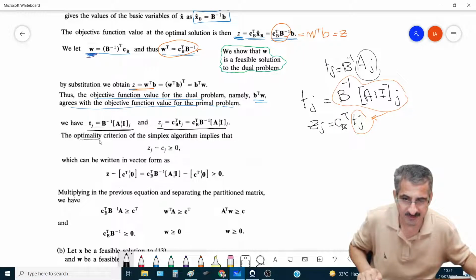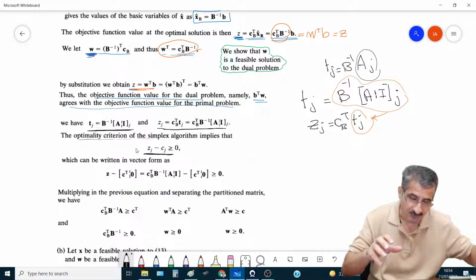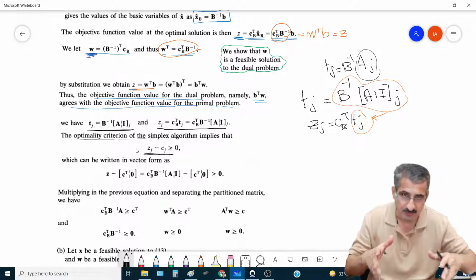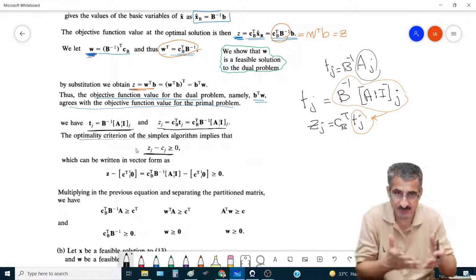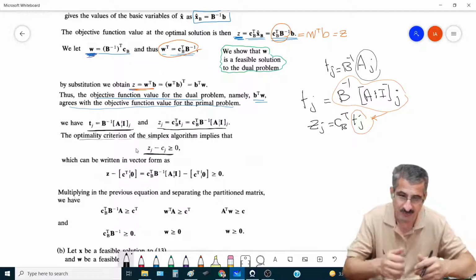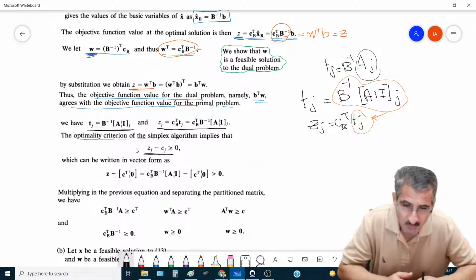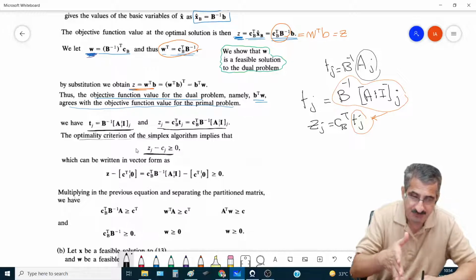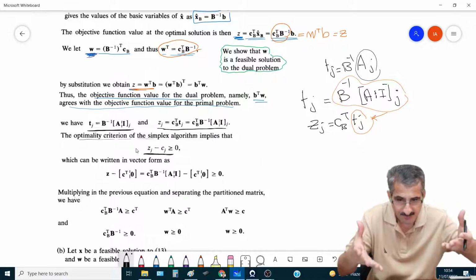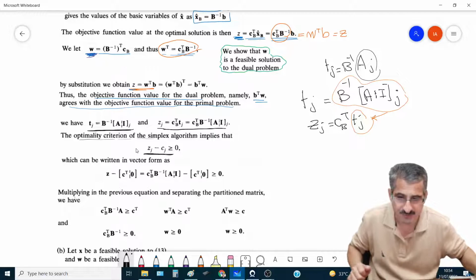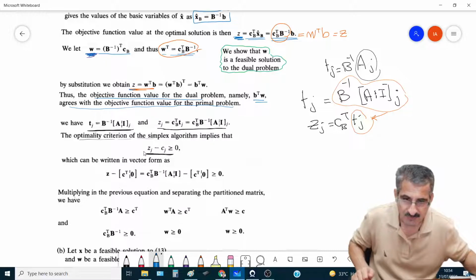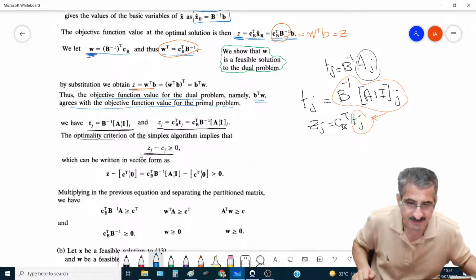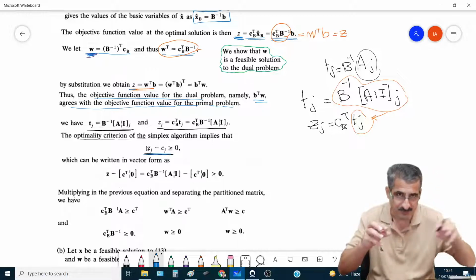The optimality criterion requires that, remember what these things are, these are the entries in the objective row. We want them all to be non-negative. Once we reach that, we reach the optimal solution. If we prove this is happening, then we have reached the optimal solution. But we need to rewrite it. These are the components in the row.